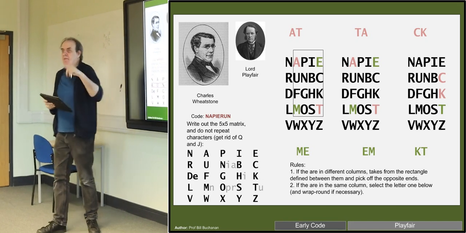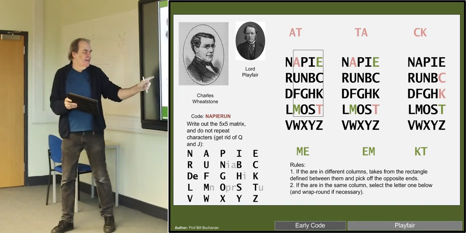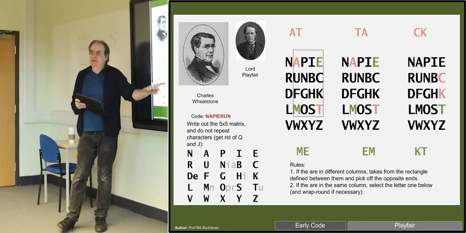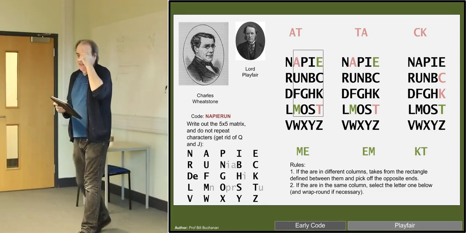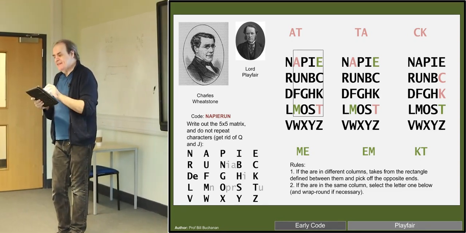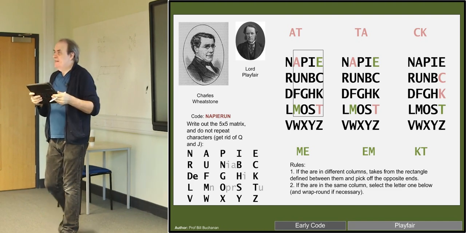Bob and Alice share Napier Uni as the key. They lay out the grid without repeating the letters, and then lay the remaining letters in. We then take two letters at a time, find them in the grid, and take the letters that are opposite as the cipher.